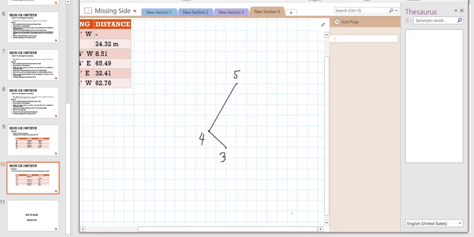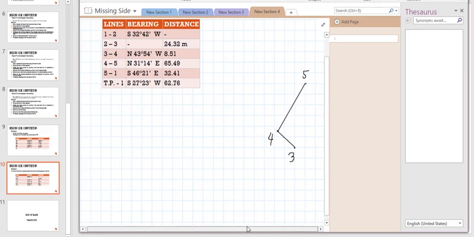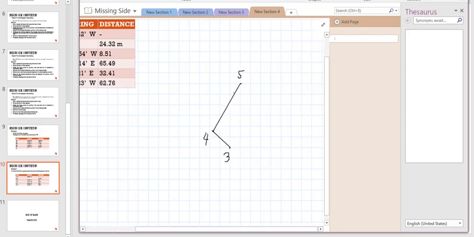Then 5 to 1 is southeast, 46 degrees, 32.41.